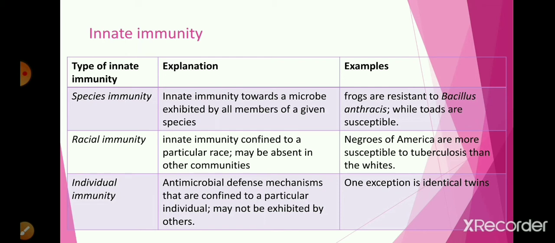Basically, some individuals have these types of proteins, peptides or antimicrobial defense mechanisms, and in some individuals they may be absent. The exception is identical twins, because we know that identical twins have the same genetic makeup, so they have immunity against the pathogens that can infect them.